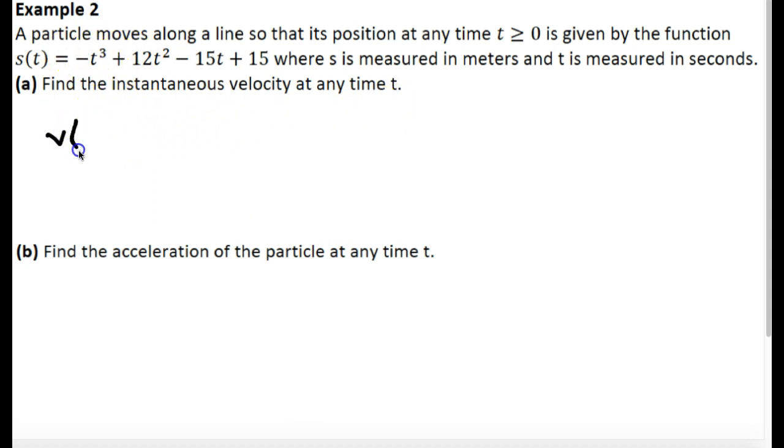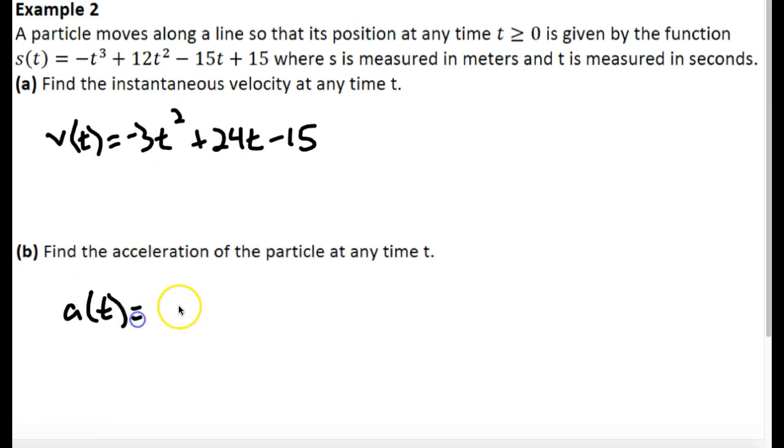So velocity is going to be equal to negative 3t squared plus 24t minus 15. All right, and find the acceleration of the particle at any time t. Well, I'm just going to take the derivative here. So my acceleration is negative 6t plus 24.